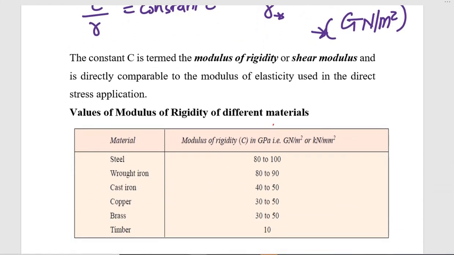So this constant c is termed as modulus of rigidity, or what we can call shear modulus, and is directly comparable to the modulus of elasticity used in direct stress application. So it is actually also a property of materials.